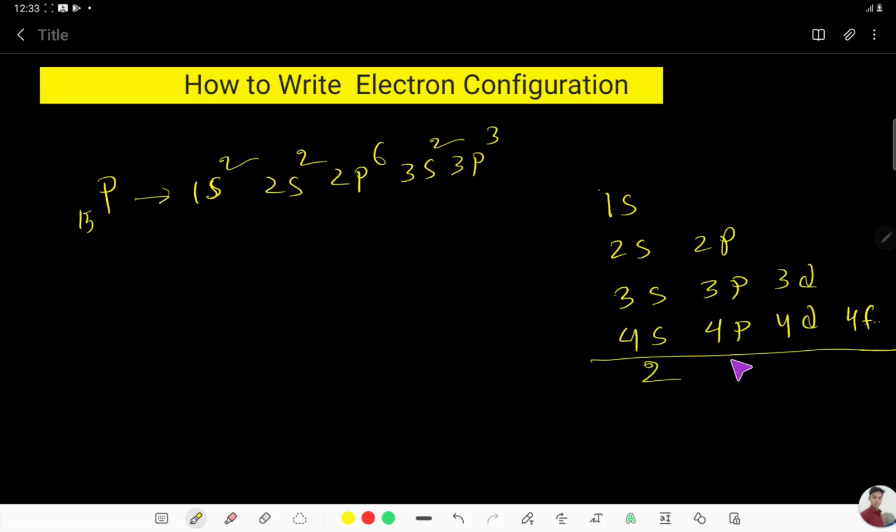S can take a maximum of 2, P can take a maximum of 6, D can take 10, and F can take 14. So like this, right?